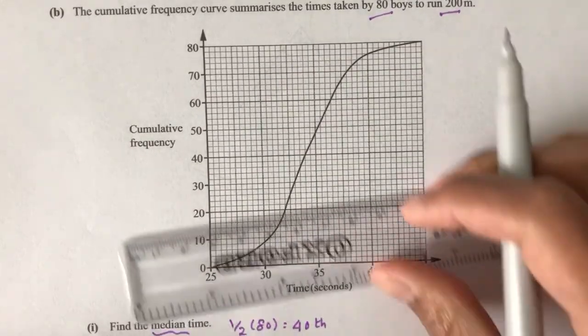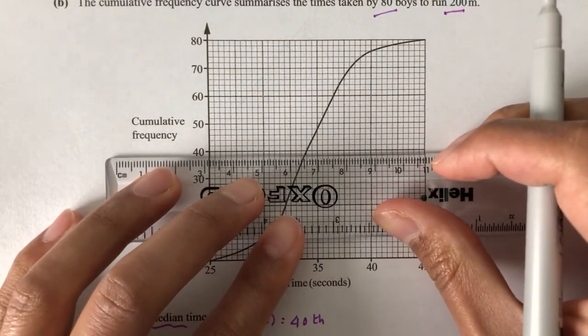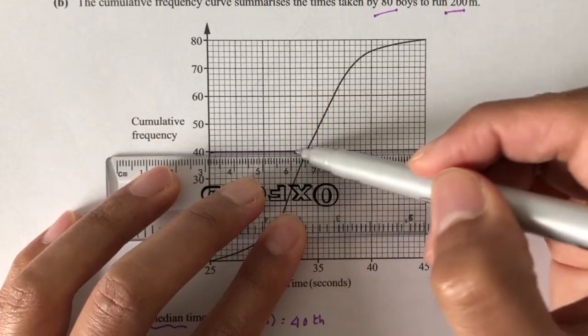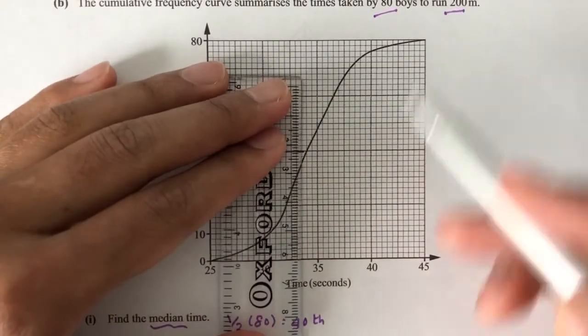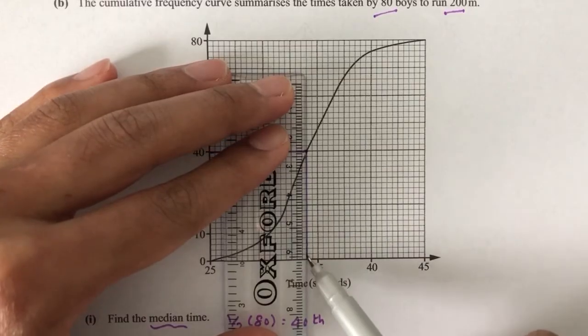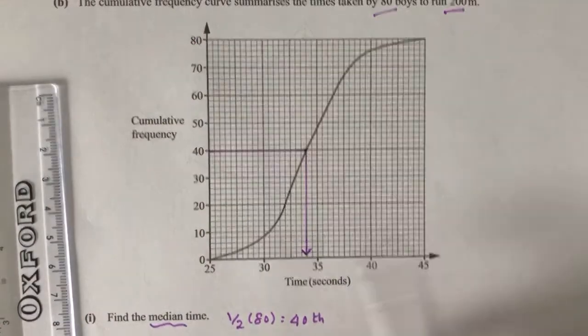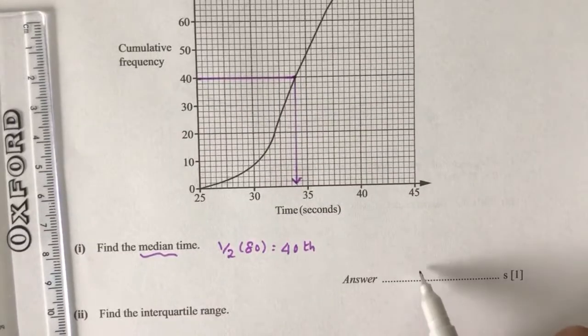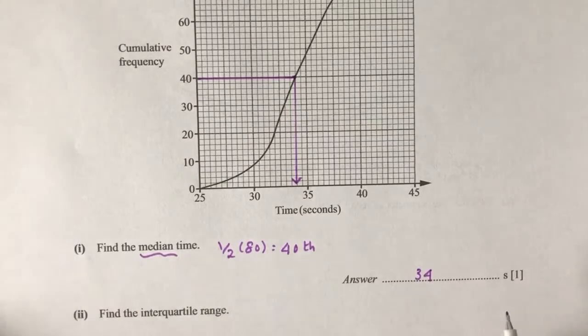So you have to draw a line here on the 40th element and find the corresponding time. So what is this value? This will be 31, 32, 33, and 34. That will be 34 seconds for the median time.